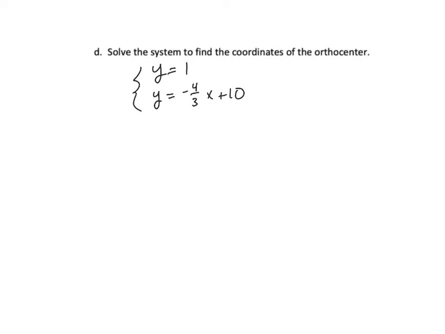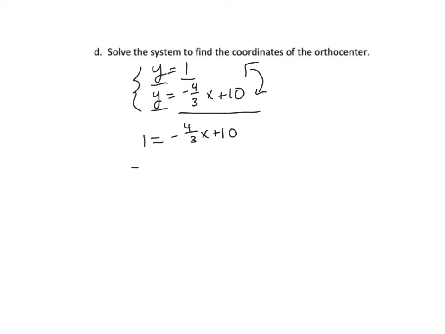So now we just need to solve this system. Well, how do we solve it? We know y is equal to this and y is equal to this. If they're both equal to something, we can set these two things equal to each other. So 1 equals negative 4/3 x plus 10. We can set these two equations equal because they both equal y.